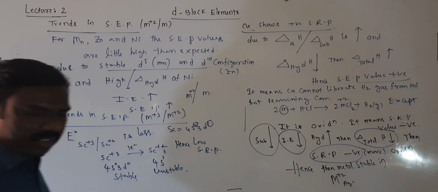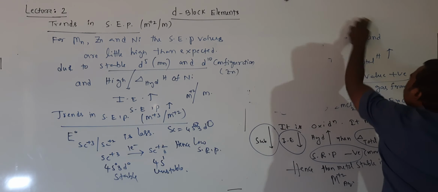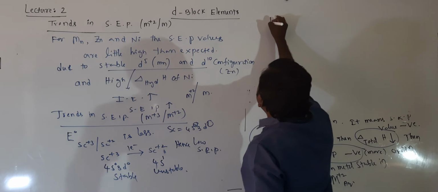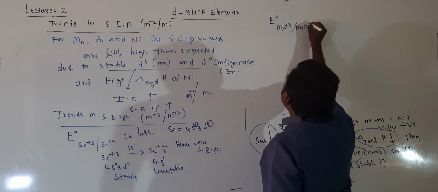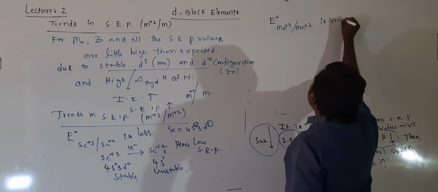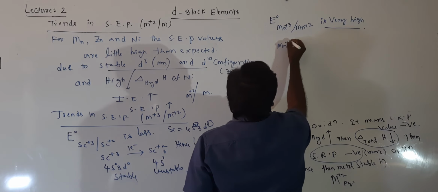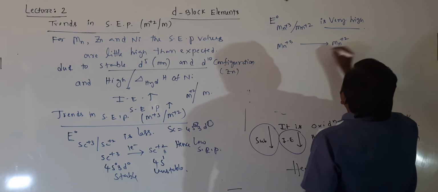Next one, Mn plus 3 to Mn plus 2 is very high. Why E naught of Mn plus 3 to Mn plus 2 is very high, the reason we should learn. Mn plus 3 is converted into Mn plus 2 by gaining one electron.